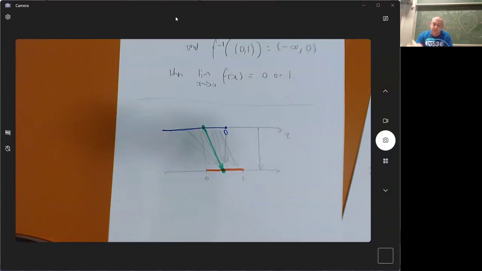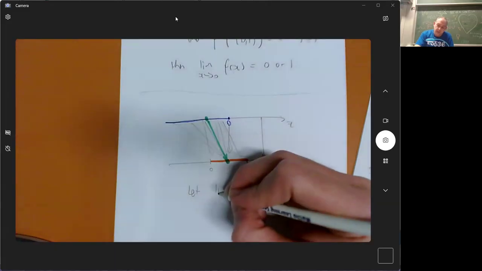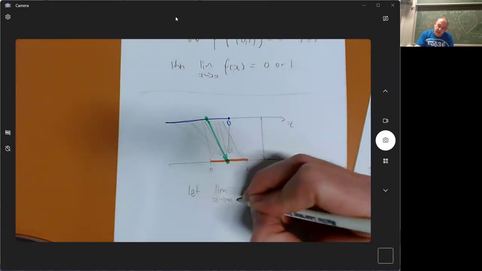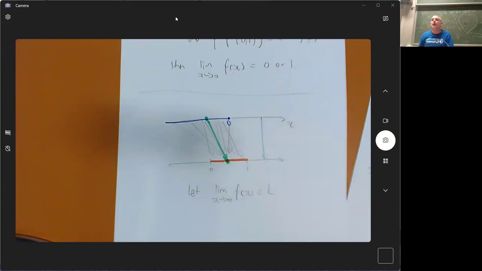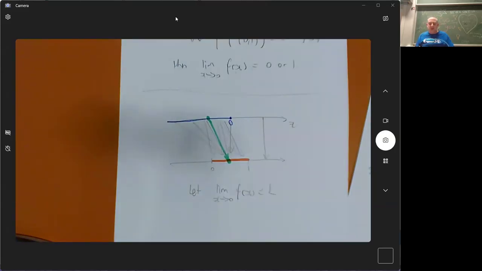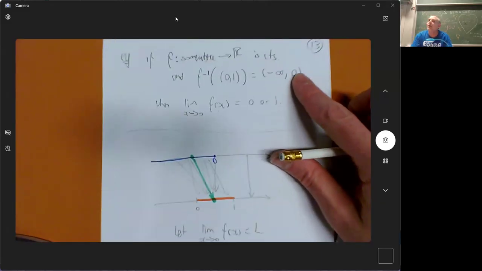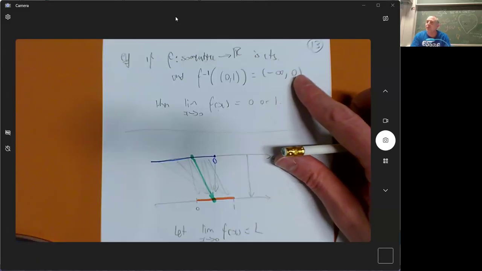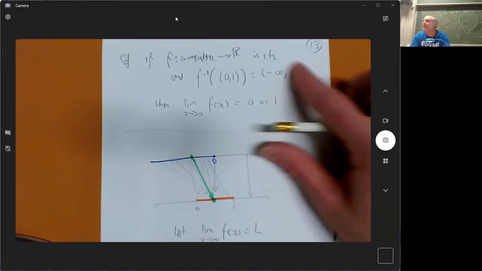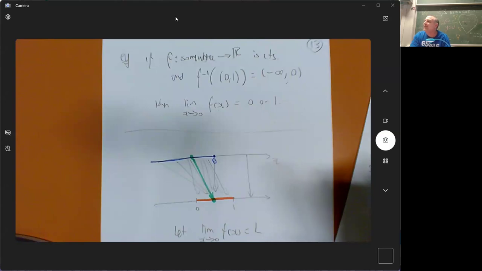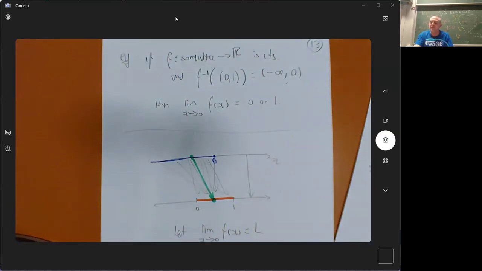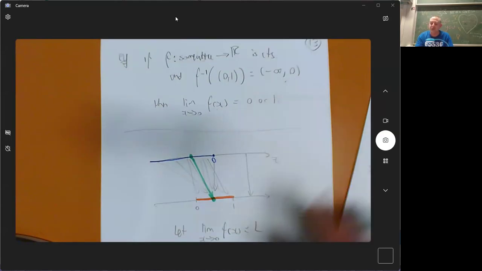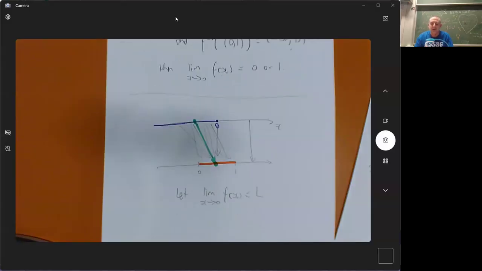Well, whatever the limit is, let the limit as x goes to 0 of f of x be L. Okay. It does have 1 because it's a continuous function, so that's great. And 0 is in fact on the edge of, is a limit point of something in the domain, so that's good. Technically it doesn't have to be defined at 0 to do this. Yeah, okay. So I just wanted to be sure.